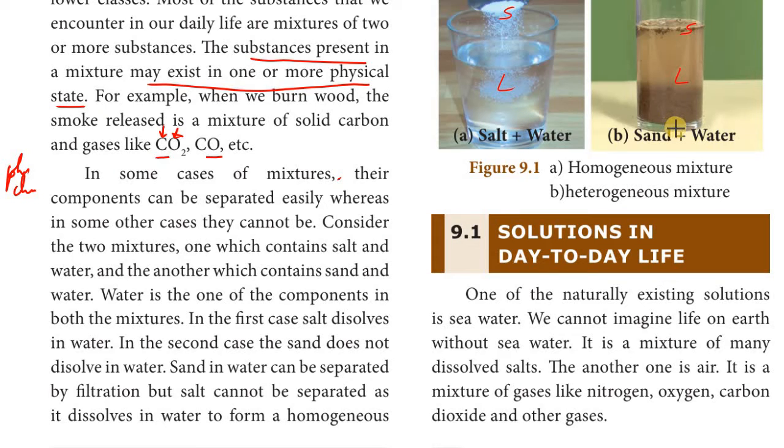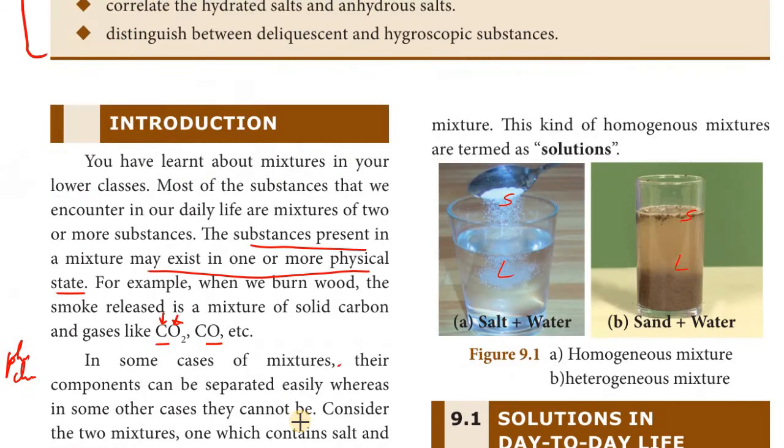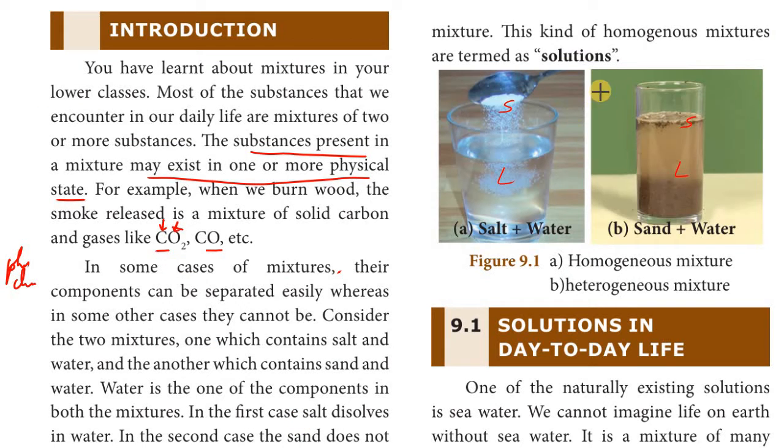Now sand in water can be separated by the filtration process, but salt cannot be separated as it dissolves in water to form a homogeneous mixture, and it is this homogeneous mixture which we scientifically term as solutions. So what are solutions? Scientifically, they are homogeneous mixtures. What do you mean by homogeneous mixtures?